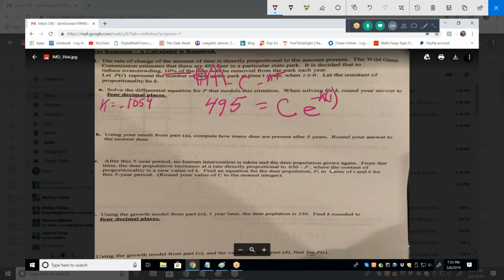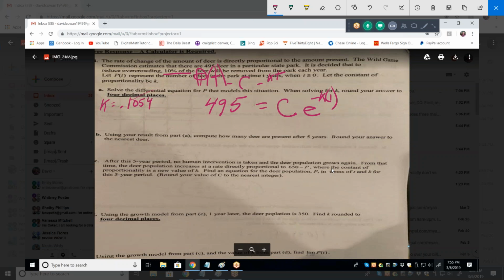So, is there any chance he did it wrong? There is a chance, yes. But first of all, the problem does not state that there are 495 deer after 1 year. There are 495 deer at what I'm going to call base time, which is 0. I think he wrote it wrong.